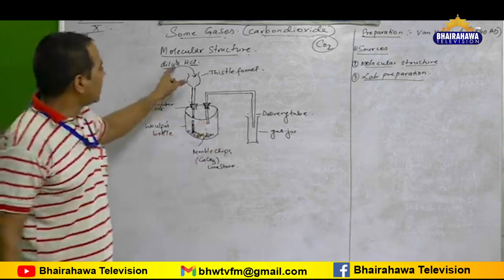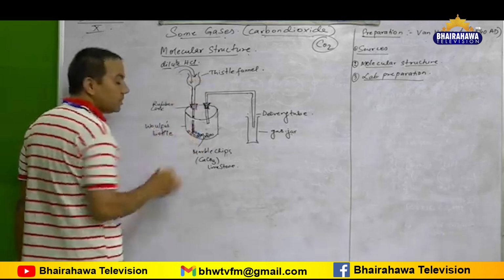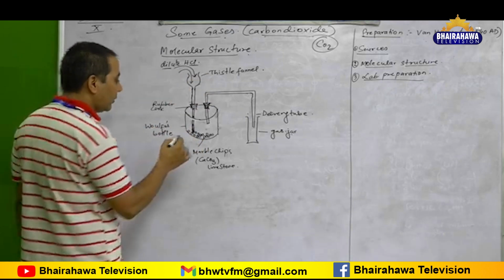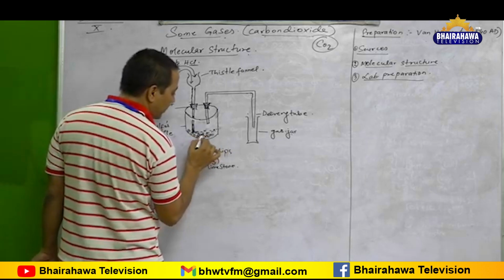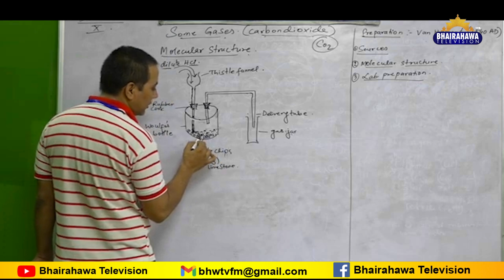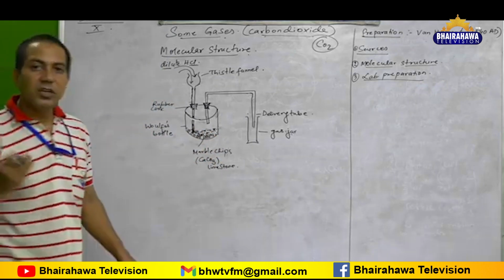Okay. So, when we put dilute acid over here, bubbles will appear. In Nepali we call it fizz. Okay. We put HCl over here. The reaction starts, and a gas is formed.